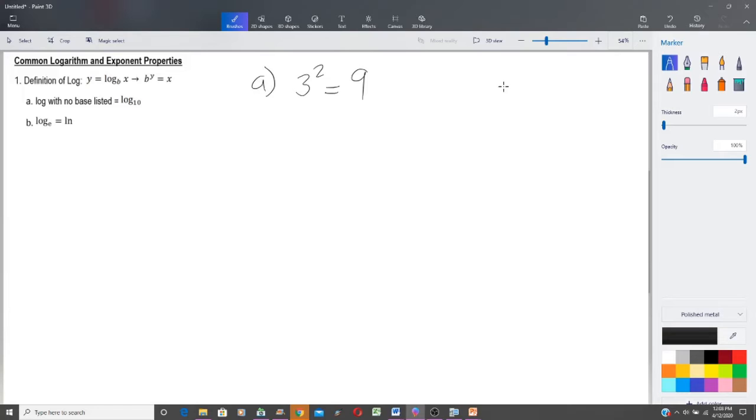The y is going to be 2, and the x value is going to be 9. And so when we have that, it should be a simple matter of saying that this is the same as saying log base 3 of 9 equals 2. All right, so it's just converting it from exponential form to logarithmic form.